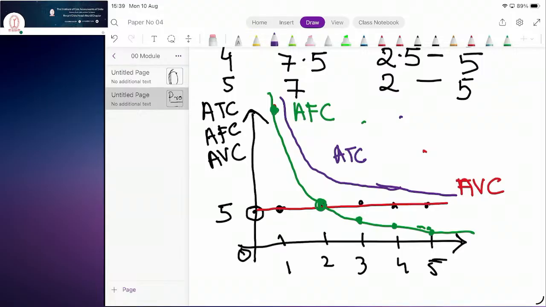Did you all get these graphs? Done? Last benches, have you got it? Were you able to draw the graph? Okay, good. Very good.